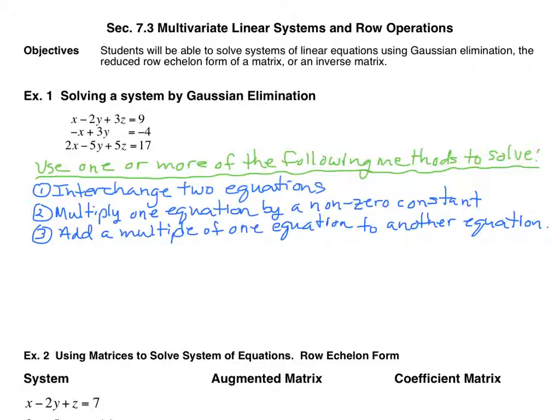And that's something that we did in elimination. So the question is, well, what's the goal? What do we want this system to look like when we're done? What does Gaussian elimination look like? Well, it uses something called row echelon form.